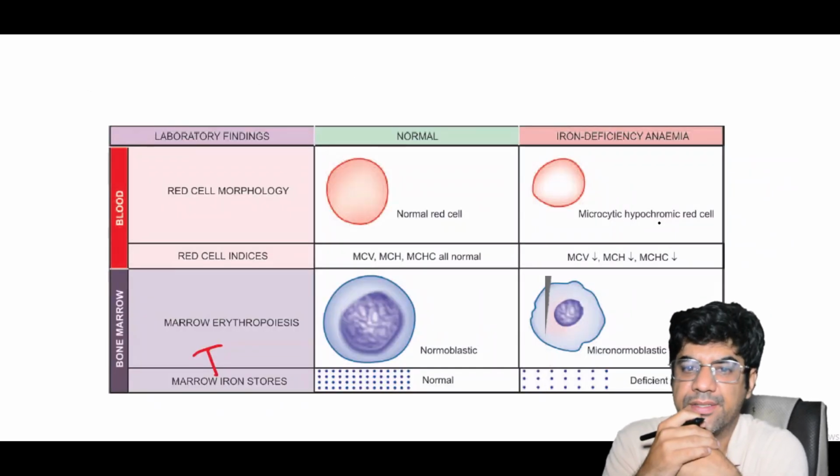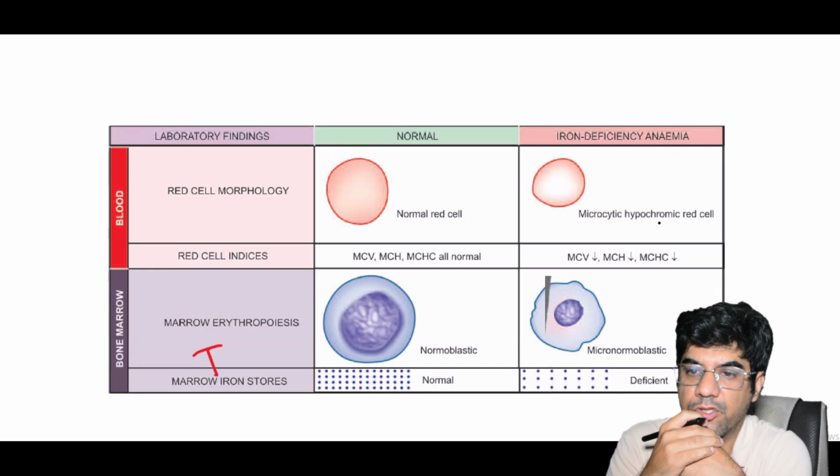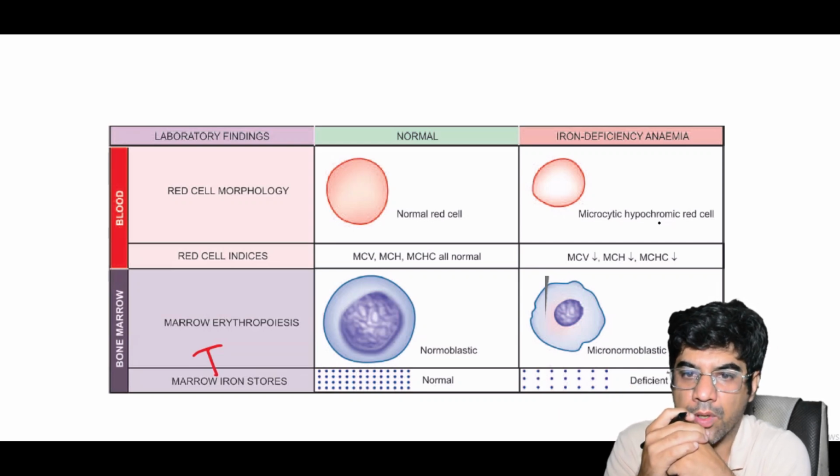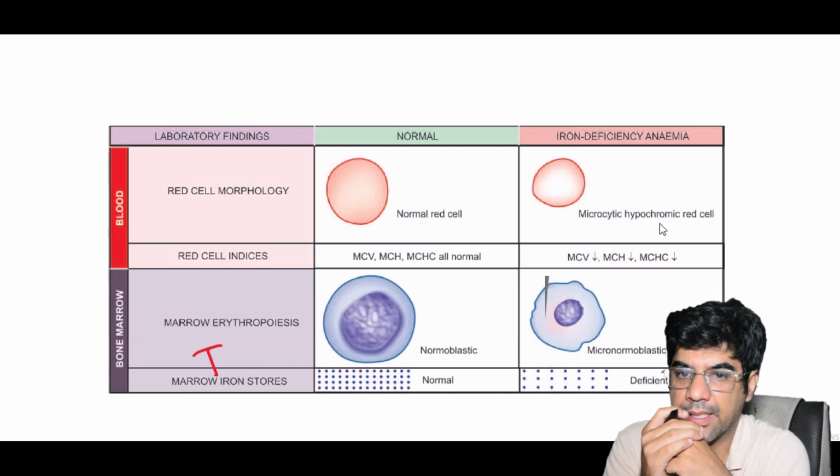Now the laboratory findings. First of all, the hemoglobin. The anemia can vary from mild to moderate. So hemoglobin occasionally might be less than 6 gram per deciliter, that could lead to severe blood loss.